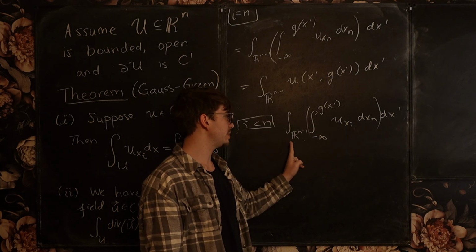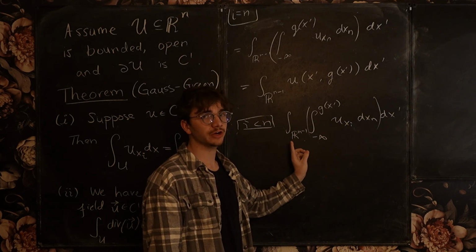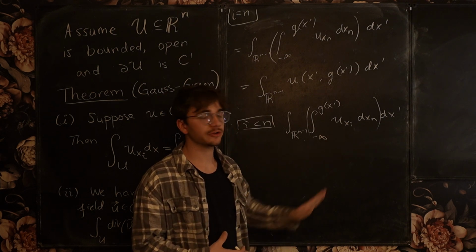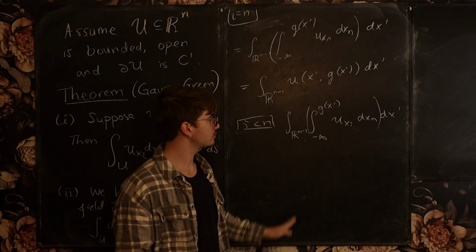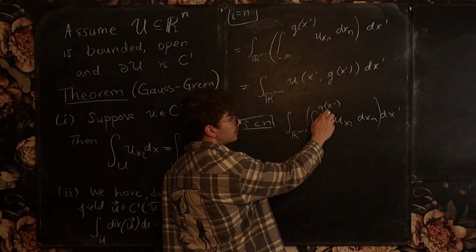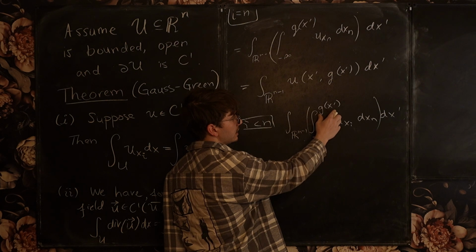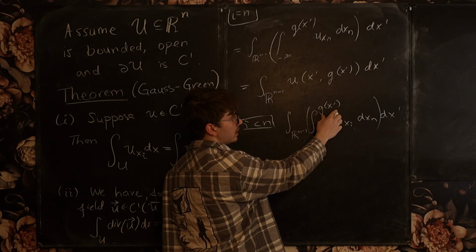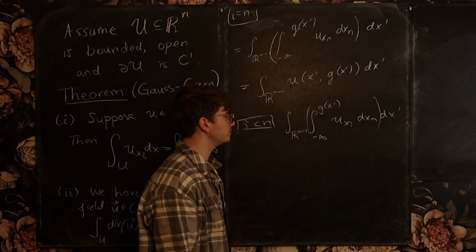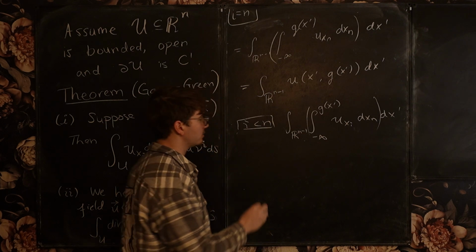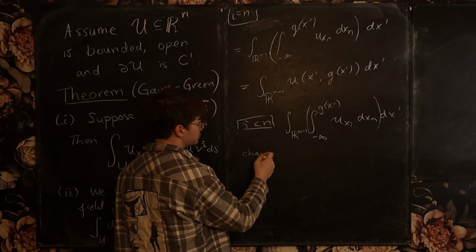So I'd like to use Fubini and switch the order of integration to integrate with respect to xi so that I can use the fundamental theorem of calculus on the integrand. But I can't do that a priori because this bound of this inner integral depends on xi. In particular, this bound g is a function which depends on xi. And so in order to switch the bounds, we actually first need to do a change of variables, okay? So let's do a change of variables.